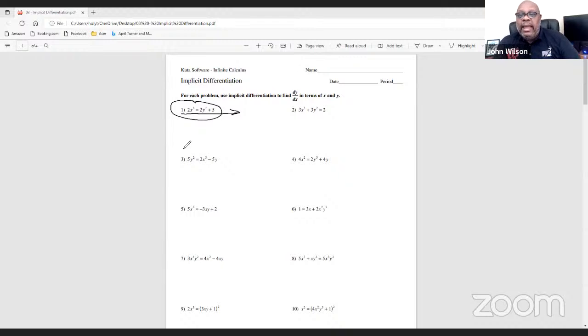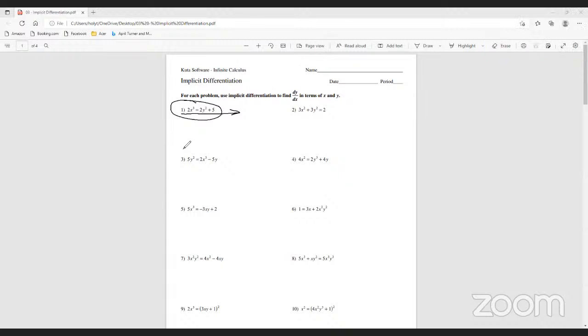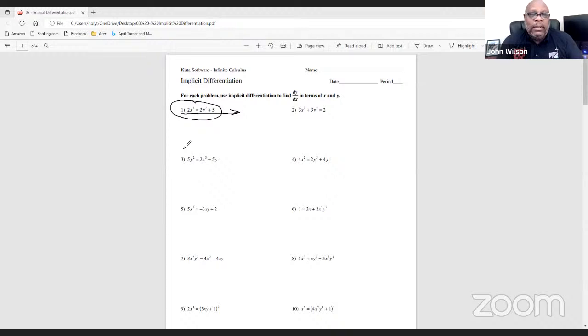Now, today, I'm going to say y prime instead of dy dx, so I can treat y prime or dy dx like a variable. So it's easier to move it around and isolate it, okay? You may find that easier too. It's just easier than using dy dx. Now, y prime and dy dx are the same thing, right? Yes, y prime, dy dx.